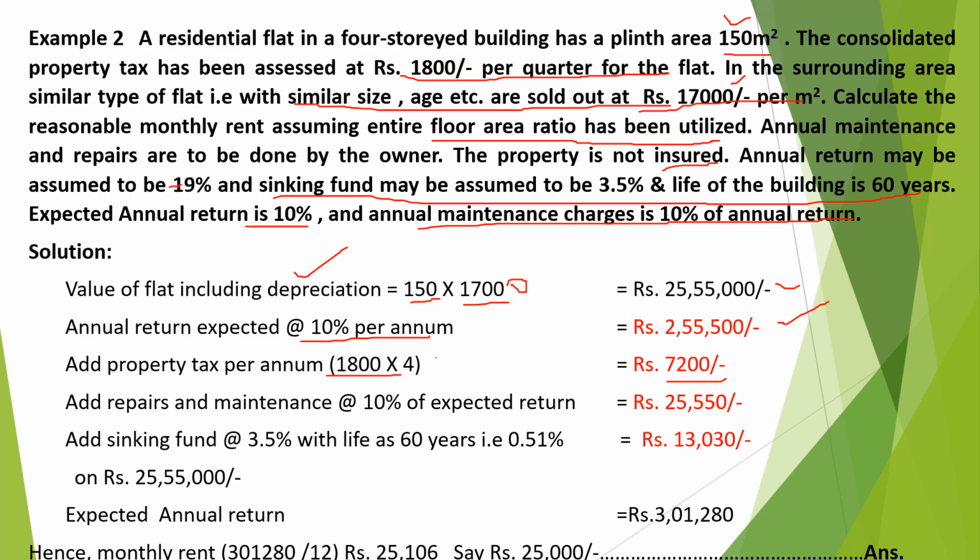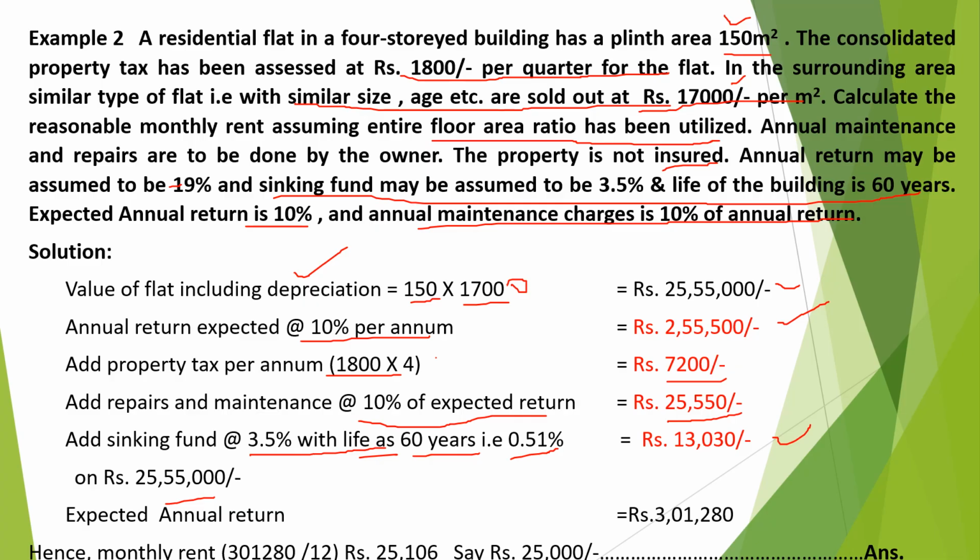So maintenance and repair charges are given as 10% of expected return, means 10% of 2 lakh 55,500, which is 25,550. And annual sinking fund you can calculate using 3.5% and 60 years, that is 0.1551% of 25 lakh 55,000, it is 13,030.